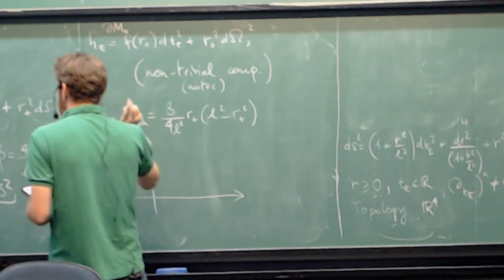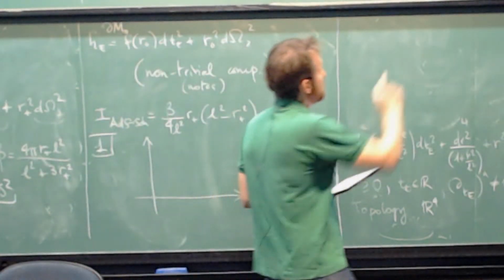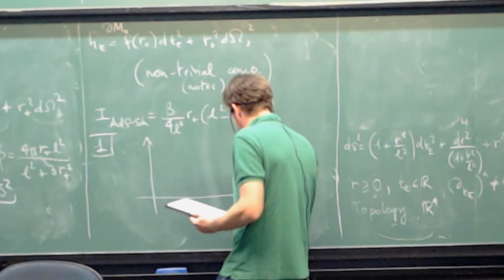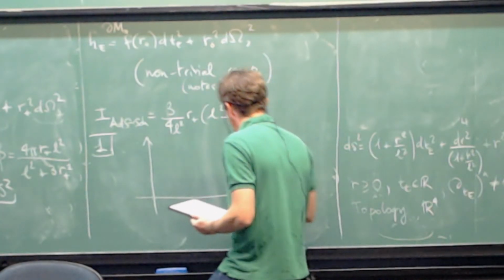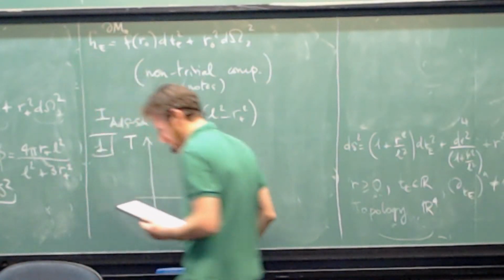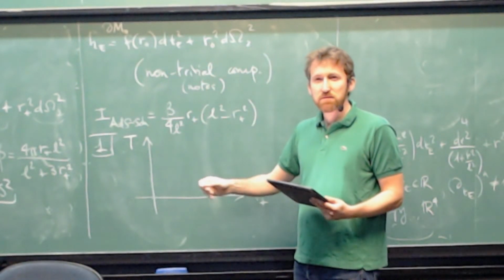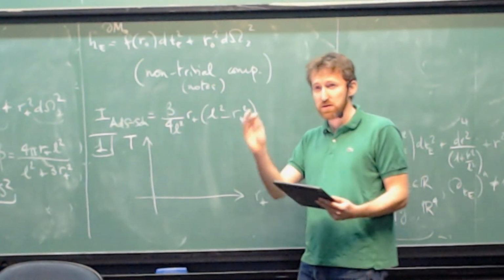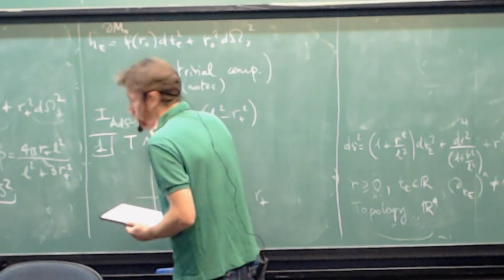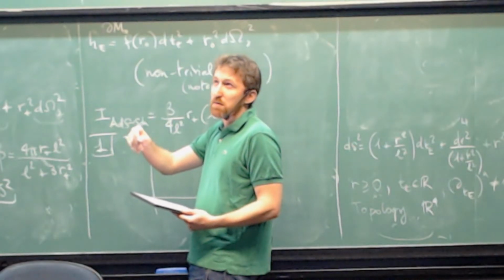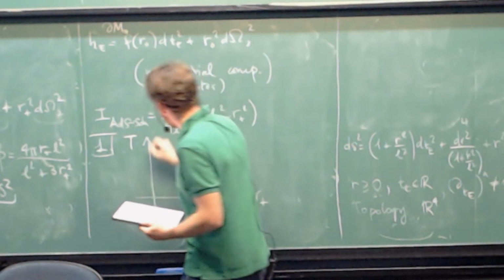Let's look at the temperature of AdS there, which is equivalent to beta, versus the temperature of Schwarzschild. The temperature of the real Schwarzschild, the flat space one, is 1 over 8 pi m, which is 1 over 2 pi r plus.